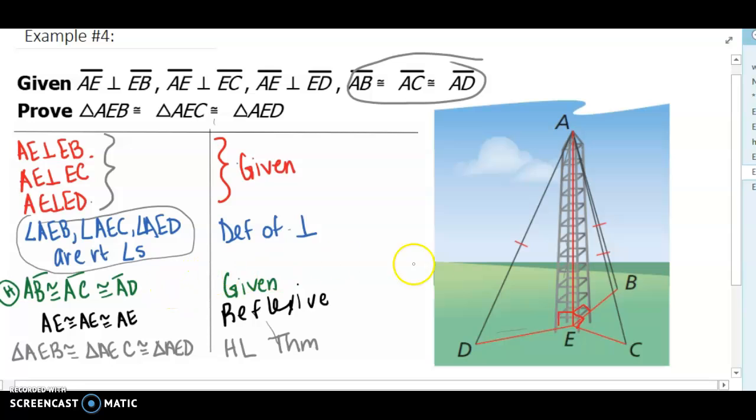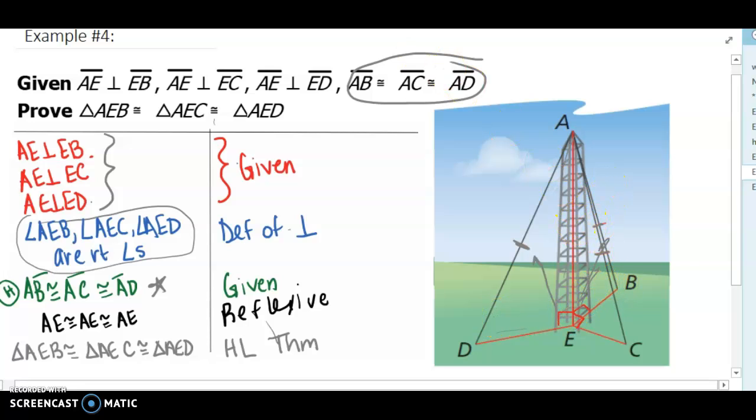So that's given. Now notice, with those right angles, these sides are the hypotenuse of each of these right triangles. Okay, they're opposite of the right angle, opposite of the right angle, and opposite of the right angle. Okay. And then I have a hypotenuse, I need another leg, so I need one of the other two sides.